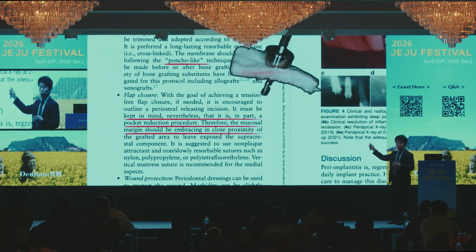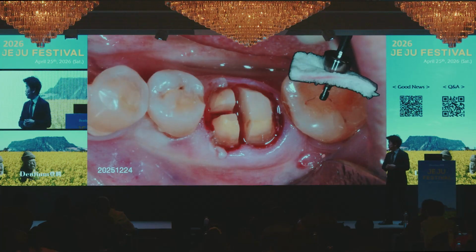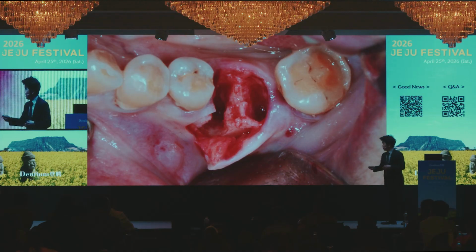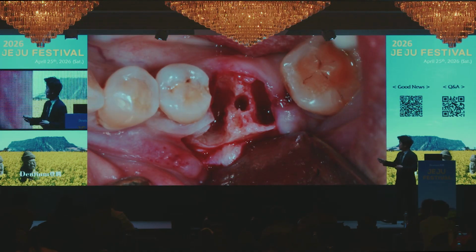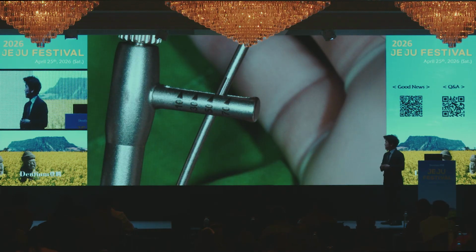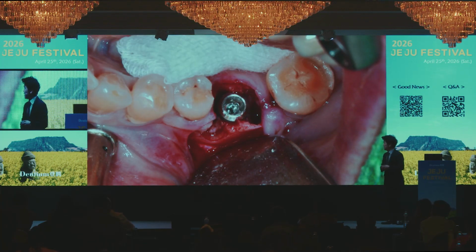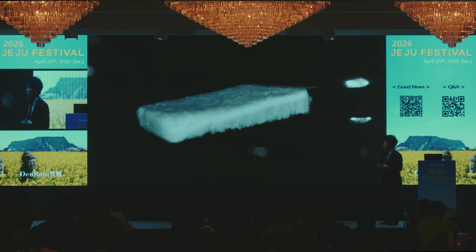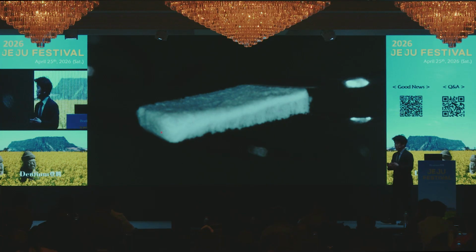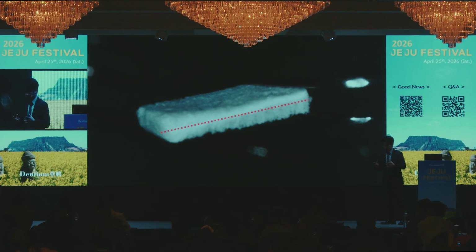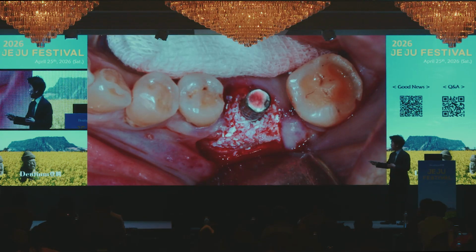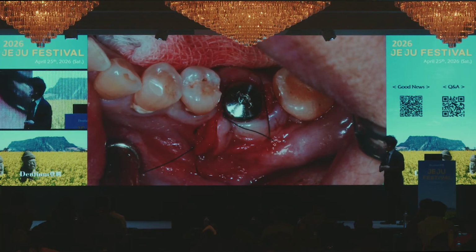This is an example case: immediate implantation with good initial stability, and I use the collagen graft X1D. The open area has a very good initial healing pattern, and then the poncho-like technique and suturing.